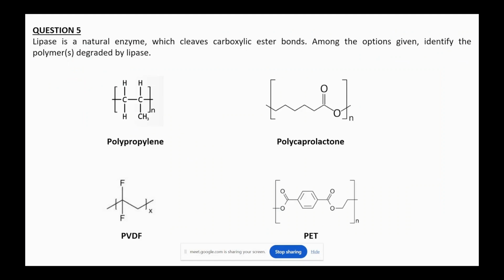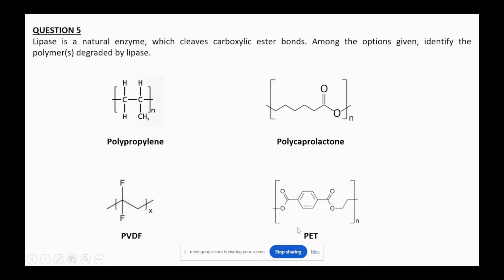So polypropylene, as everybody knows, has a methyl group in place of the hydrogen atom of the ethylene molecule, and then you get propylene. Then you have polycaprolactone. So this is the structure of polycaprolactone. Here also you have an ester bond, and these ester bonds are susceptible to attack by lipase enzyme.